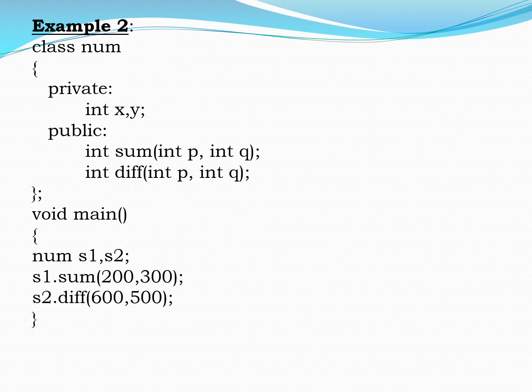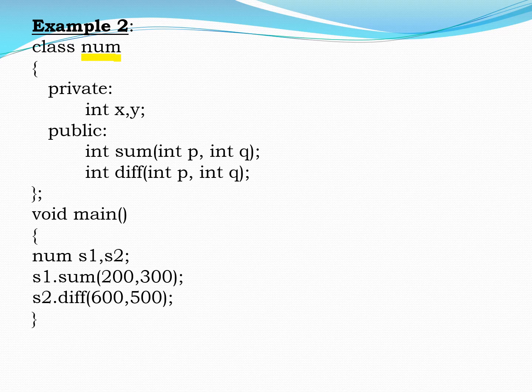Here we have a second example. I'm going to create a class called num. In this example, we are going to pass two values to two different member functions by using two objects. Here I have created num, which is the class name, followed by private.